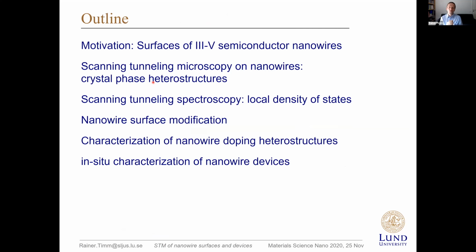That is a special thing for these 3-5 nanowires, that they can have different crystal structures within one nanostructure. Beyond the surface topography, we will also look at surface electronics through spectroscopy. And we will even show some examples of how we can modify our surface. Then we have also used different types of interfaces like doping interfaces. And in the end, I will go towards device structures where we use STM even during operation of the devices.